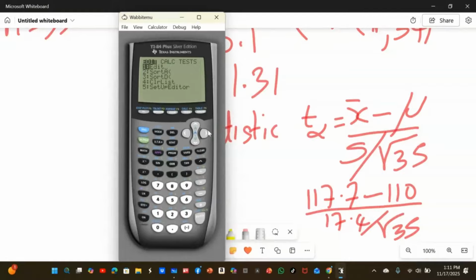Go to Start, arrow to Test, and number 2, do a t-test. I'm not given raw data, I'm given the stats. And what is the status quo, the mean we are actually debating? That's 110. What is the mean of the sample? 117.7.